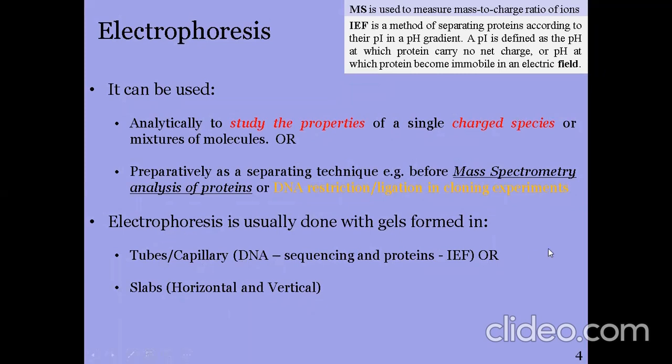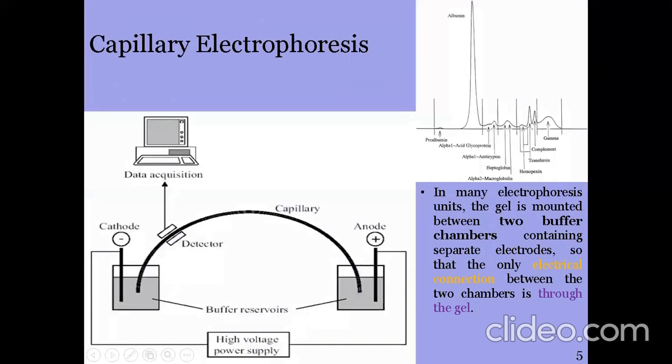And what next is, if you can see, this is a capillary electrophoresis, and in it there are two tanks, one has the cathode, the other has the anode, and they are like the voltage supply, the power supplies here.